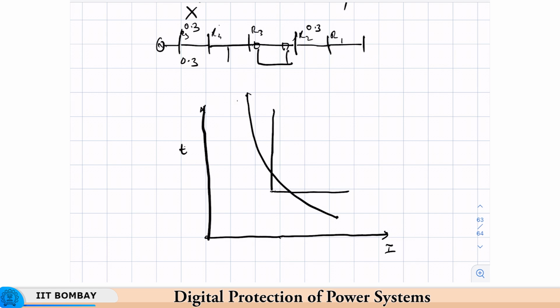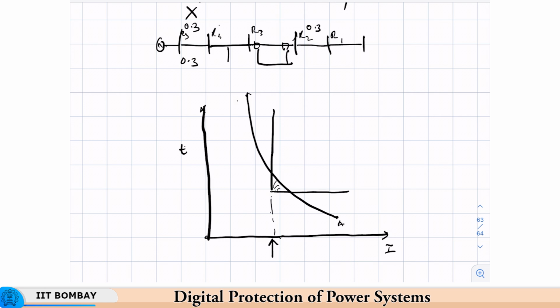So, for currents up to this point, the fuse will operate first, which is what we want, because the fuse is closer to the fault. But once the current exceeds this, you can see in this part that this is the point A.